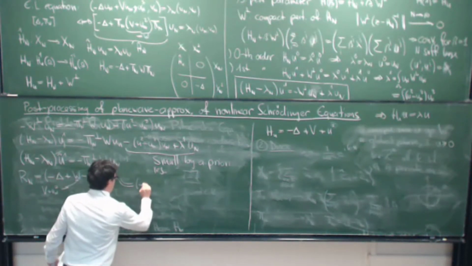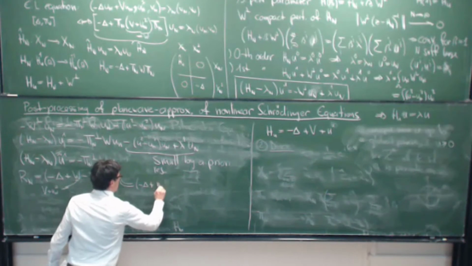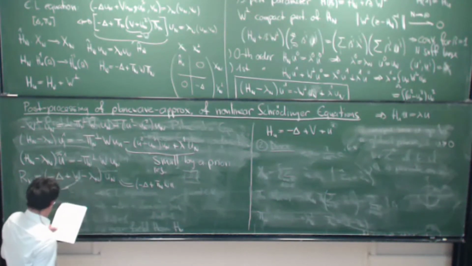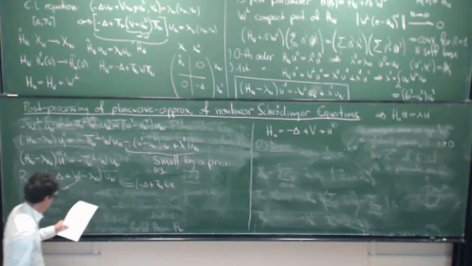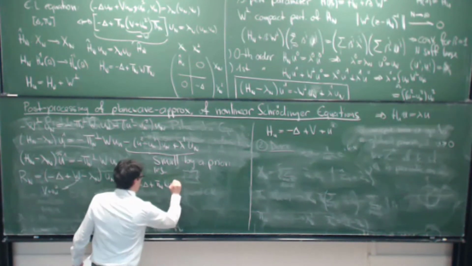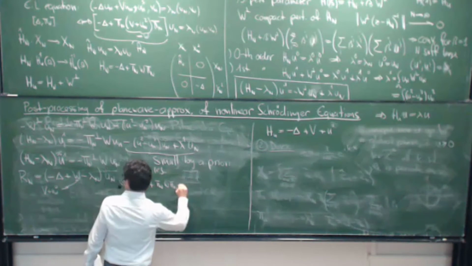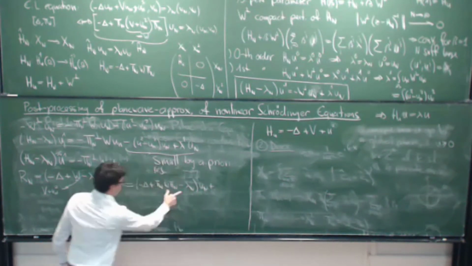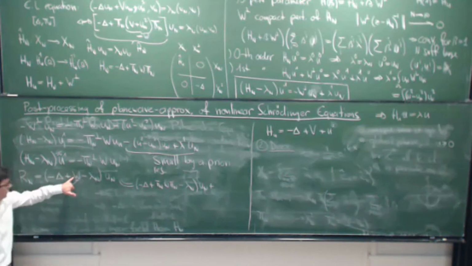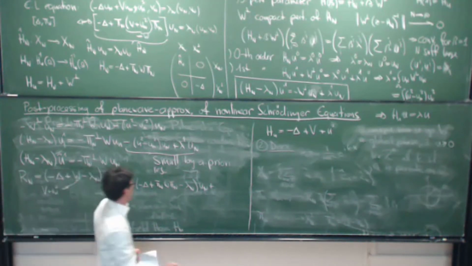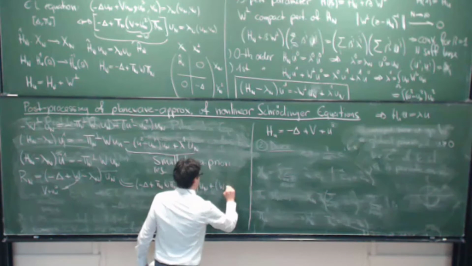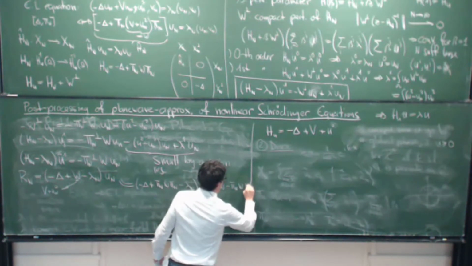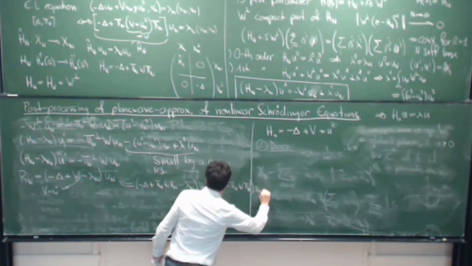So you write this as minus Laplace plus Pn W Pn minus lambda n un, and then you added this, but you don't have this, so you have to add here this correction, which is W minus Pn W Pn of un.